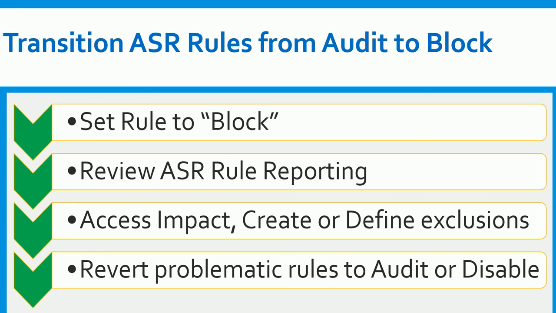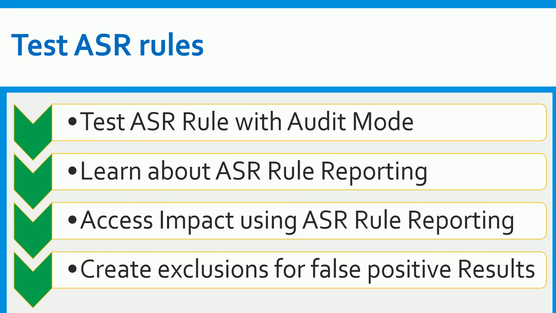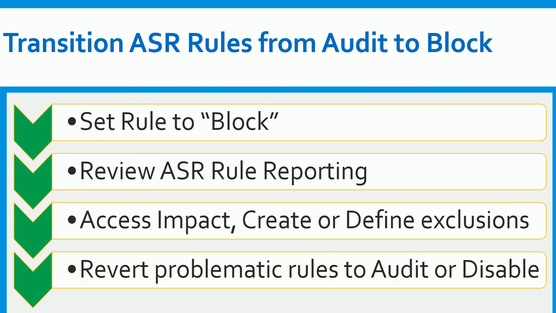Then transition. Once you've done your auditing, and with all the auditing reports you finalize that the files getting blocked are genuine, you can plan for the exclusion. And once you've tested all these ASR rules, then convert into actual production, I mean to block mode.